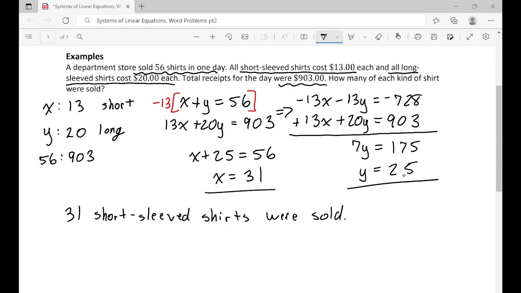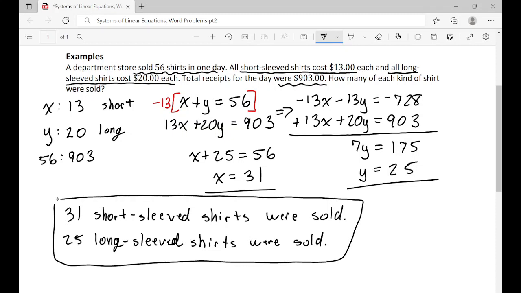And Y is 25, and that is my long, so I can say that 25 long sleeved shirts were sold.